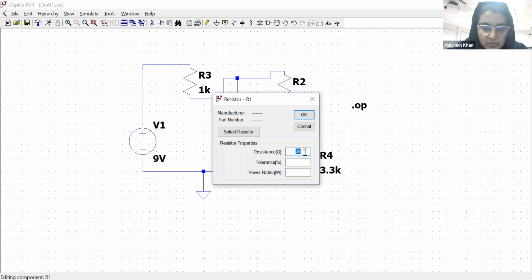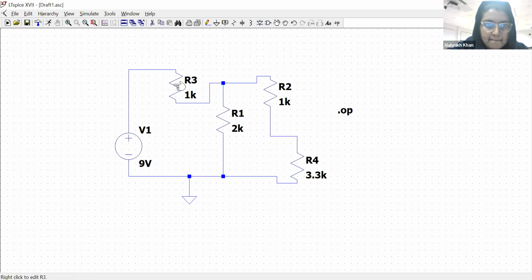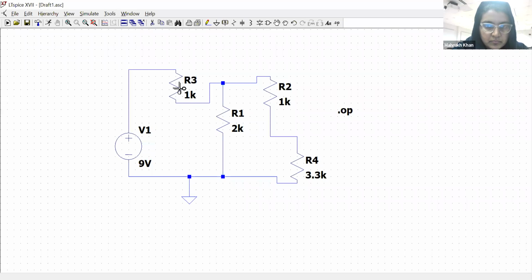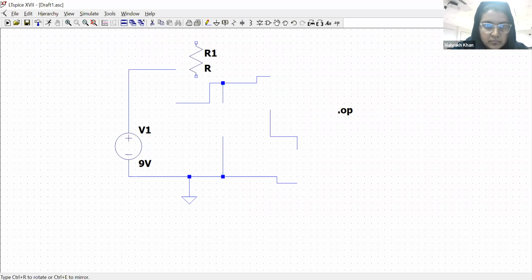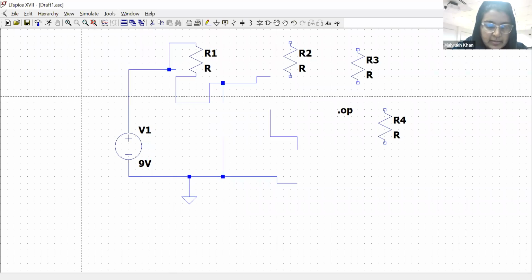Okay, let me, how can I change the variable? Something like that you were having.